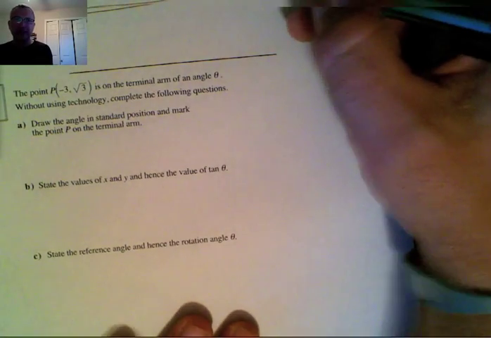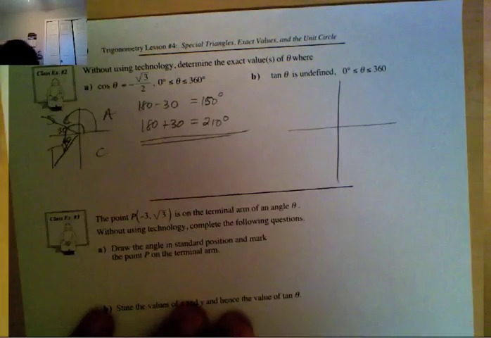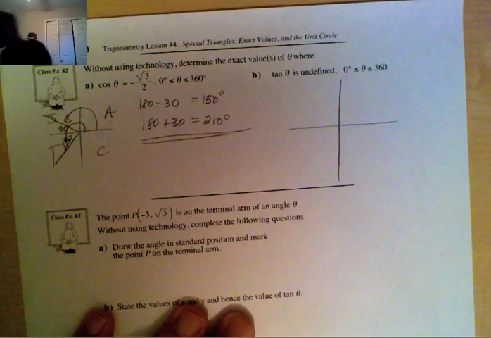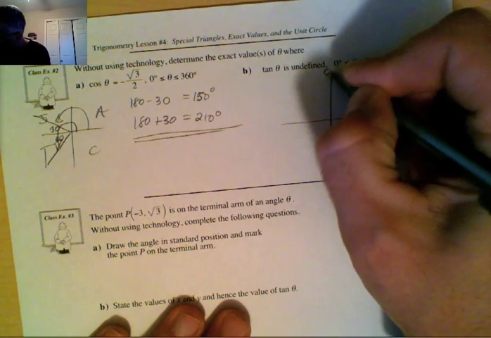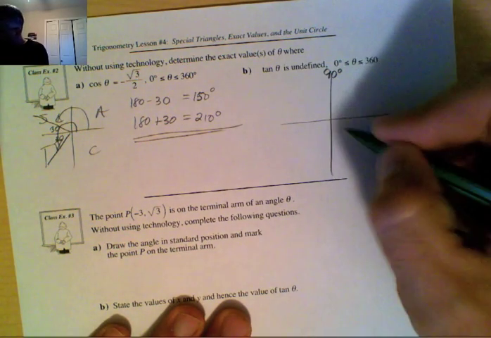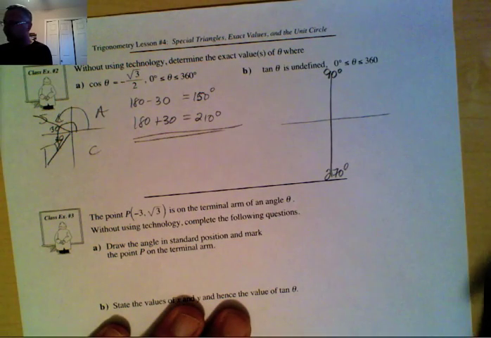Next one says tan theta is undefined. Okay, well, if we look at where tan theta is undefined, it's at 90 degrees. That's what our table says. So 90 degrees is up here, but the other place I have a reference angle of 90 degrees is at 270 down here.